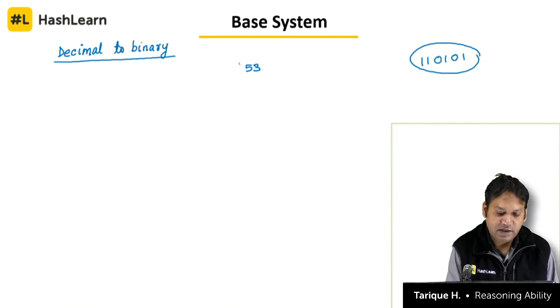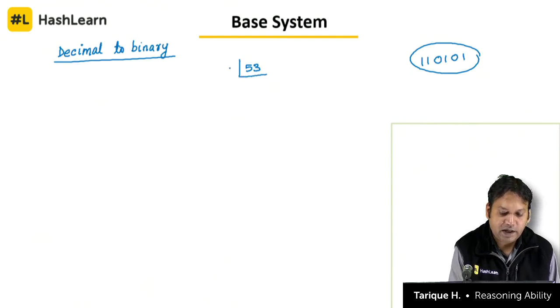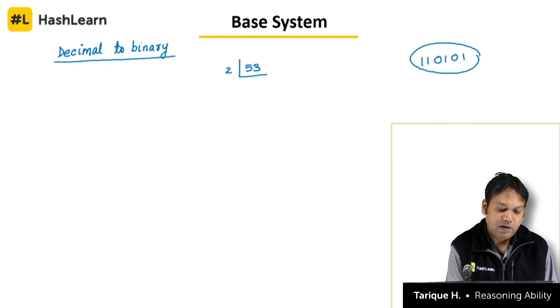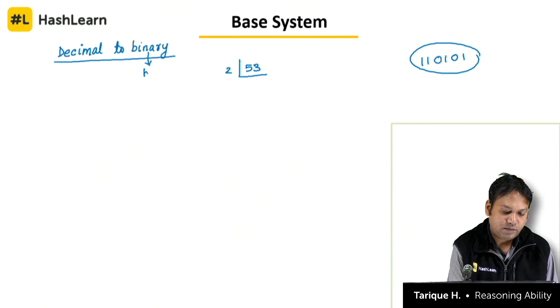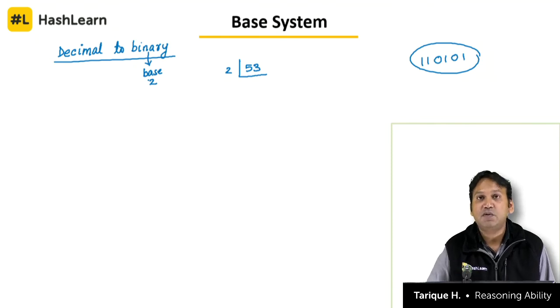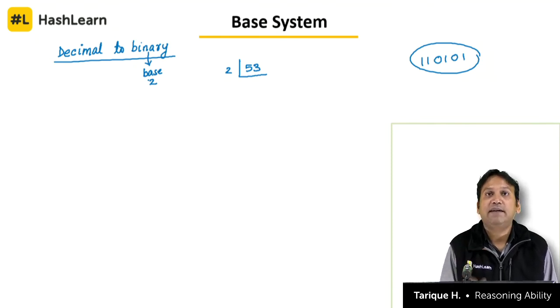So the method is this, very simple. You divide by 2. Why are we dividing by 2? Because binary is base 2. Please remember this. If you want to convert from decimal to binary and binary is base 2, you divide the number by 2.